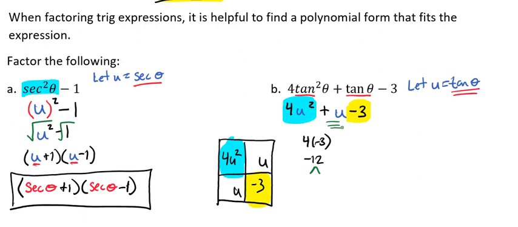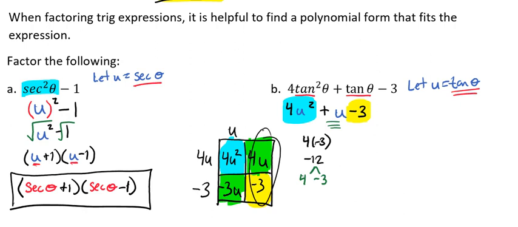And from here, I want to break that apart and ask, what two numbers will multiply to negative 12 but add to a positive 1? In this particular instance, 4 and negative 3 fit that bill pretty well. So I'm going to plug in a 4 and that negative 3 into my leftover pieces, and then look to see what they have in common. This first row has a 4 and a u in common. The second row has a negative 3 in common.